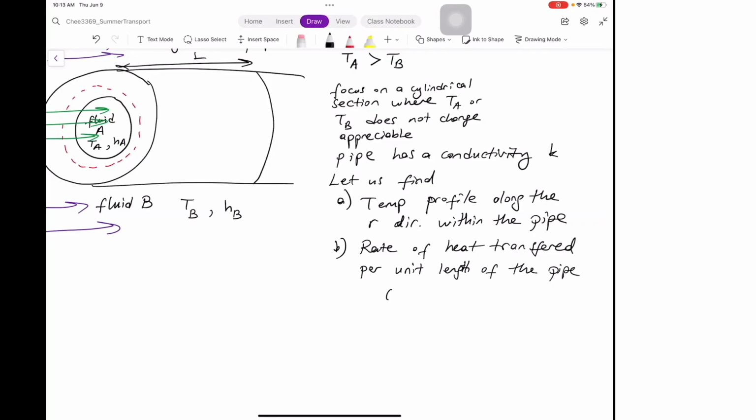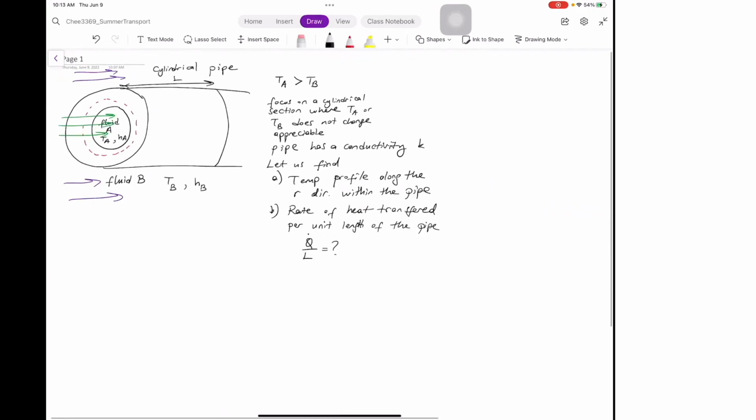In other words, Q dot over L is equal to question mark. So let's find these two things.